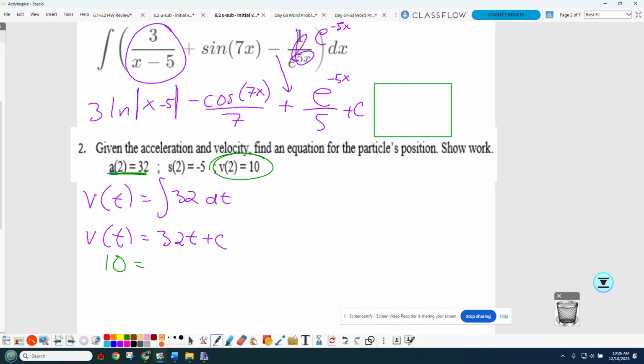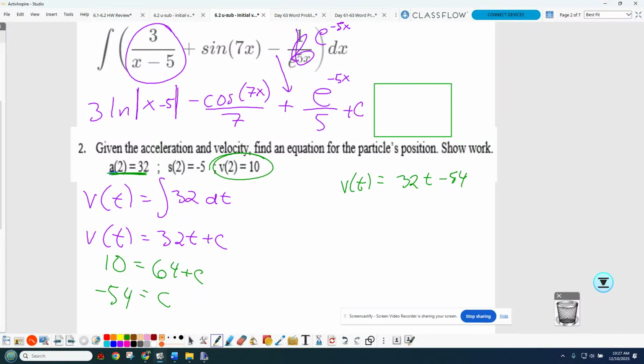So 32 times 2. My initial velocity was negative 54. Okay, so the velocity equation is 32t minus 54.